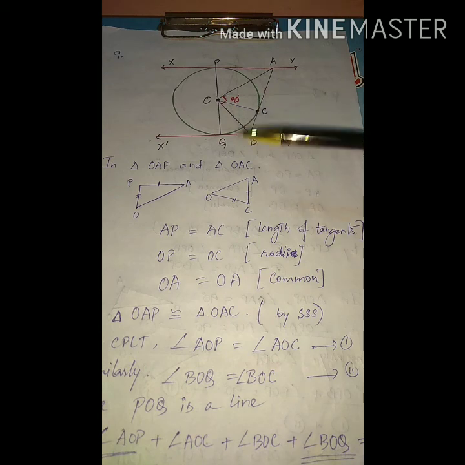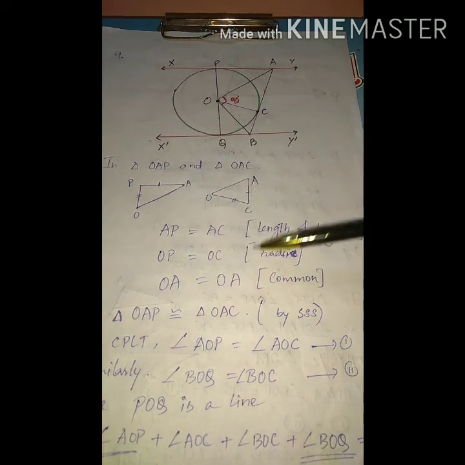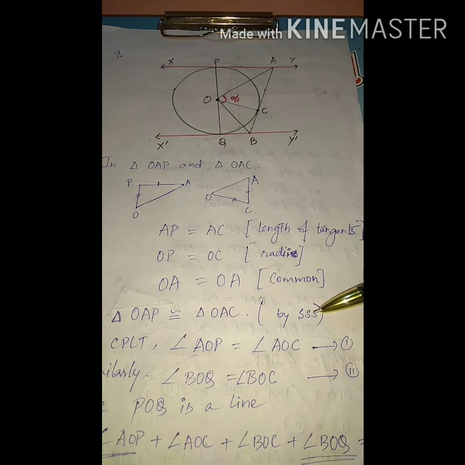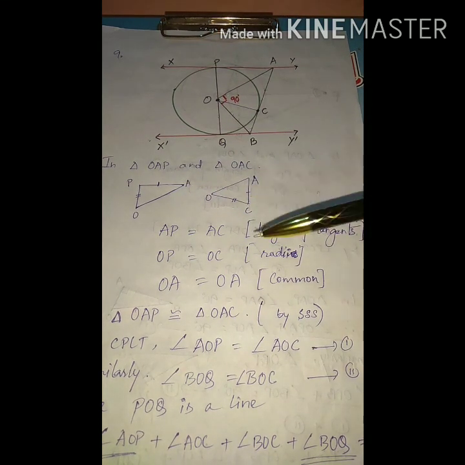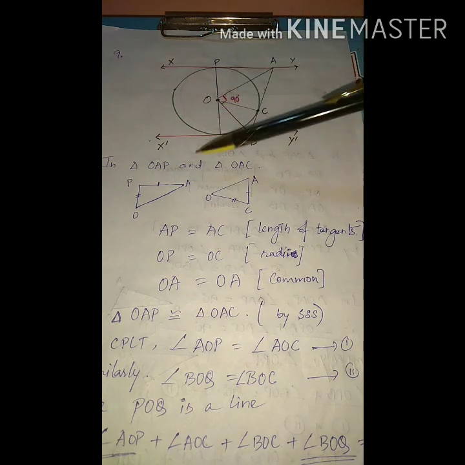Now how many sides do we get equal? 3 sides. Therefore by side congruence rule, these two triangles are congruent. So we write OAP congruent to OAC. Is it clear? Okay. Now if these two triangles are congruent, by CPCT, corresponding parts of congruent triangles, the corresponding angles are also equal.